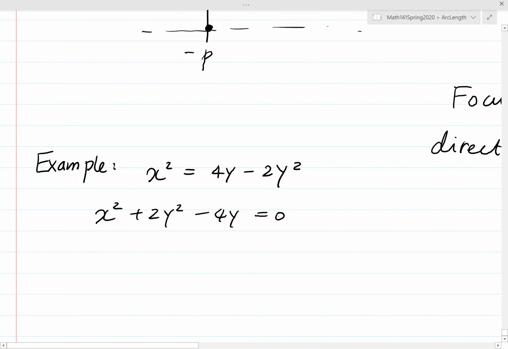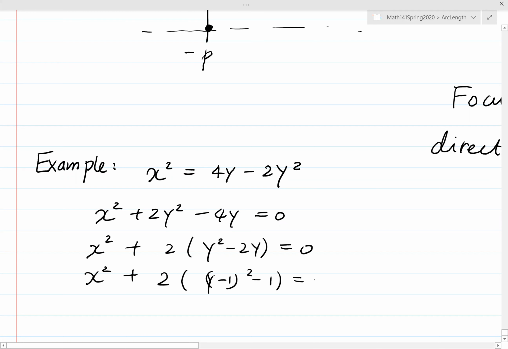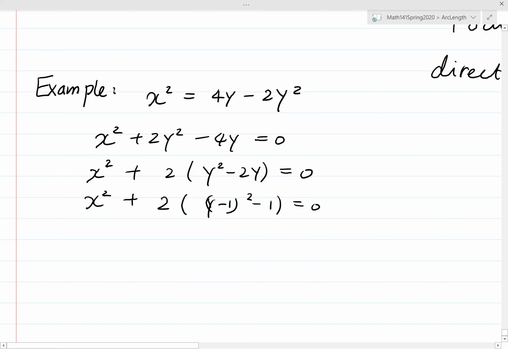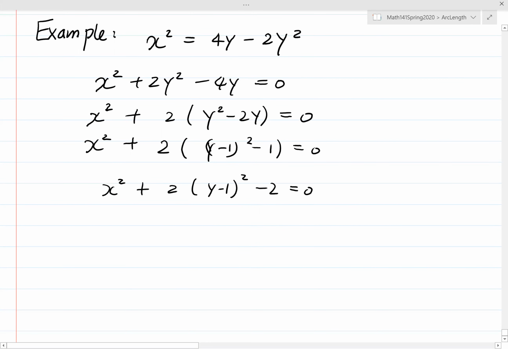And then you complete the square. So x squared plus 2 times (y minus 1) squared minus 2 equals 0. Dividing by 2, you get x squared over 2 plus (y minus 1) squared equals 1.